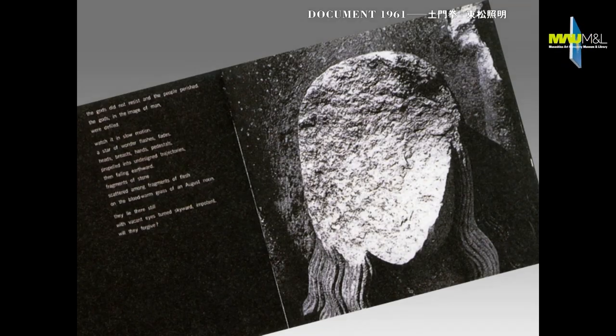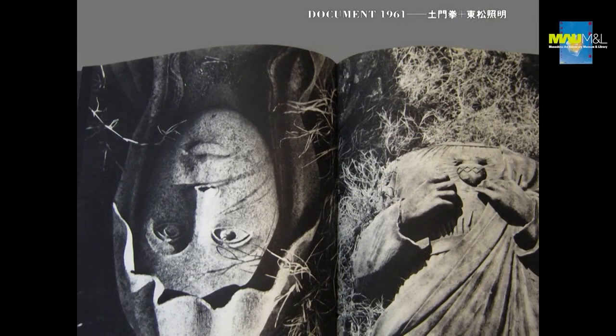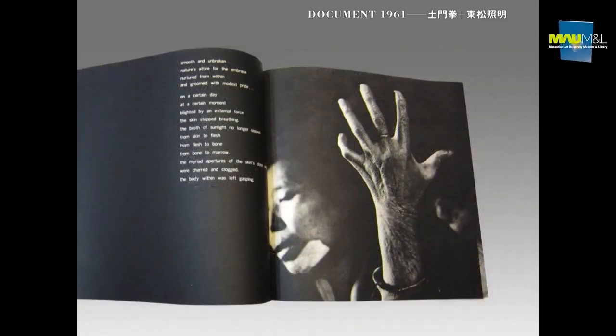This is the double page spread of this photo book. A picture of a statue from the Nagasaki Cathedral that was bombed, a statue of Mary whose face had been peeled off. It is a work by Shomei Tomatsu. The figure of a saint which fell down and got scattered.